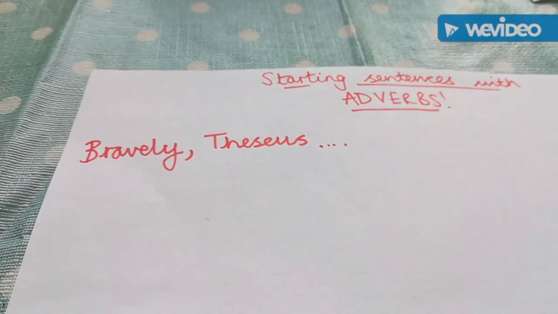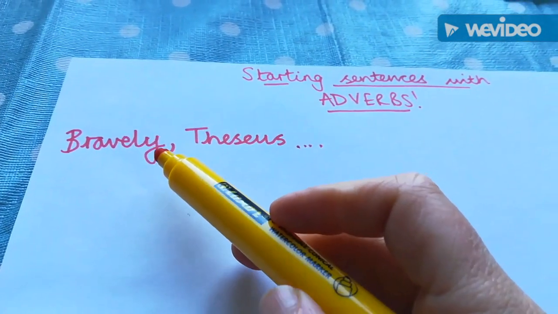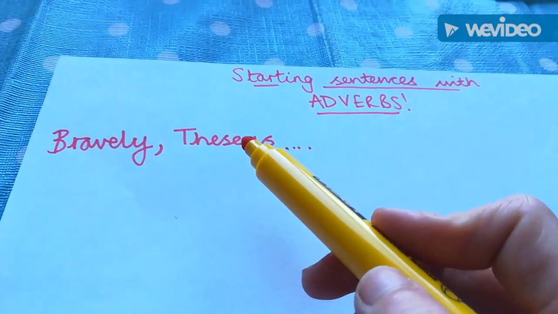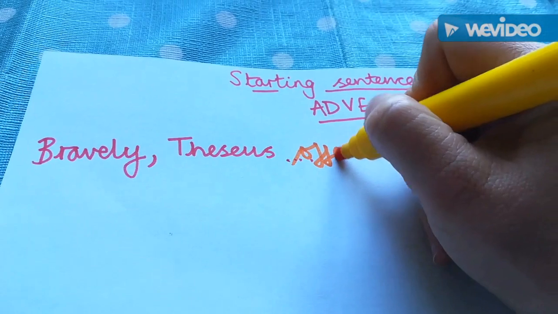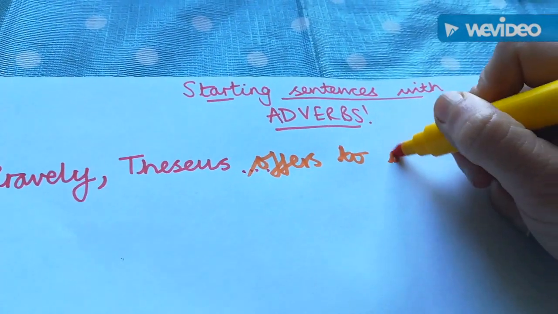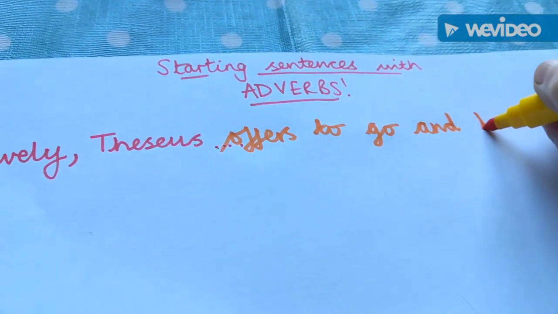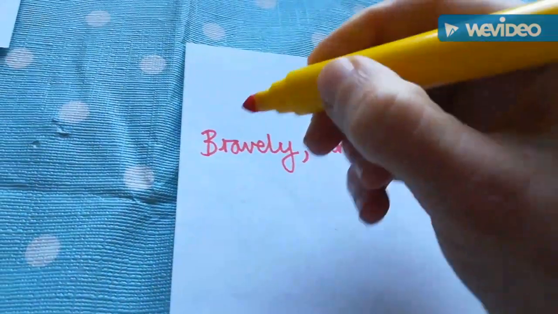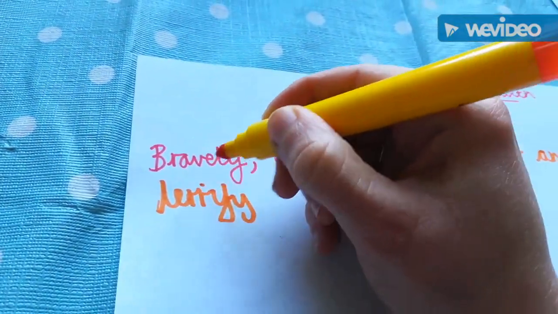The first sentence starts, "Bravely Theseus," so we've got the adverb bravely, and so I might think, okay, what does Theseus do that's brave? Bravely Theseus offers to go and kill the terrifying Minotaur.